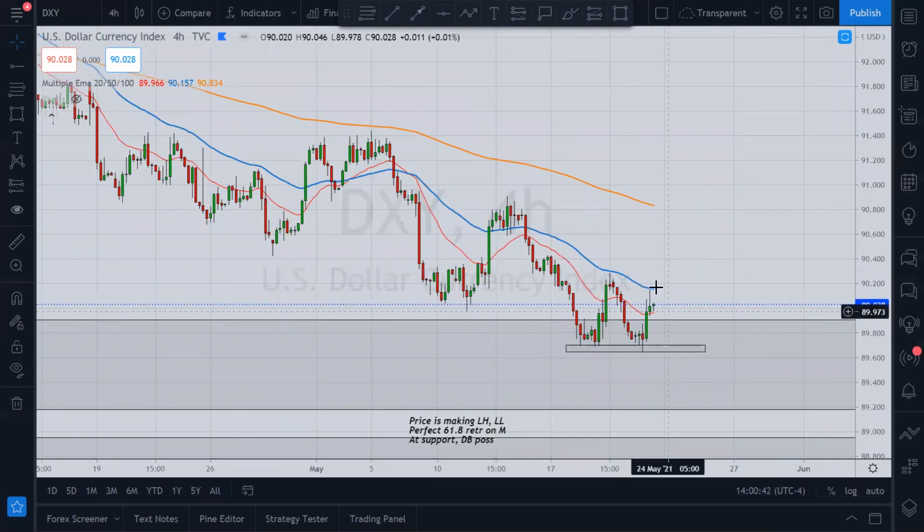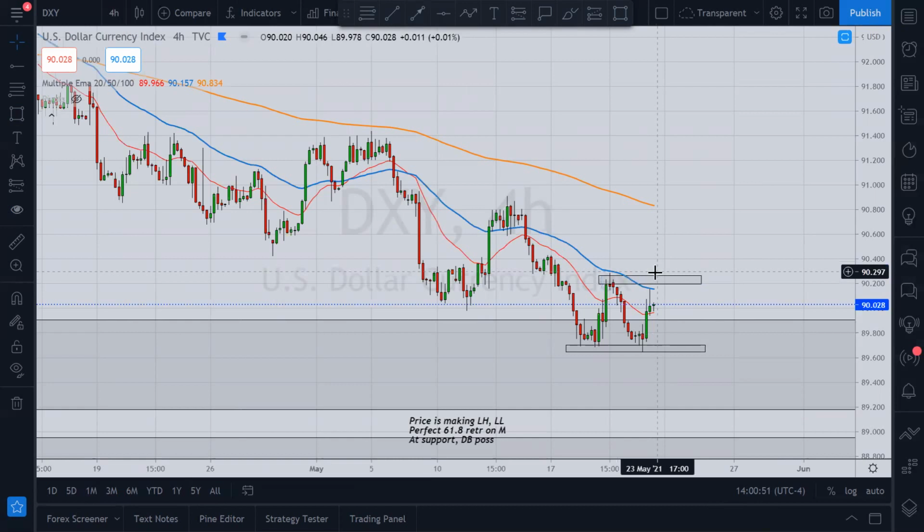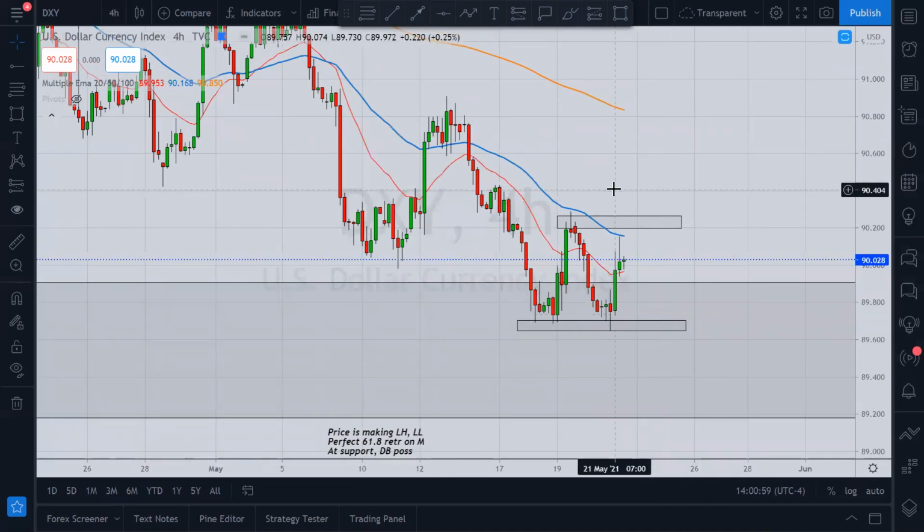Now listen to me, if price breaks this high, and when I say break, I mean a close above this high, then we could be looking at price strength in the USD, and I would be looking here at 90.39, call it 90.50, the 90.50 region.